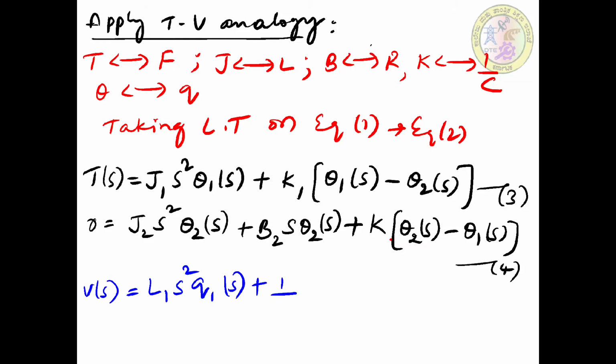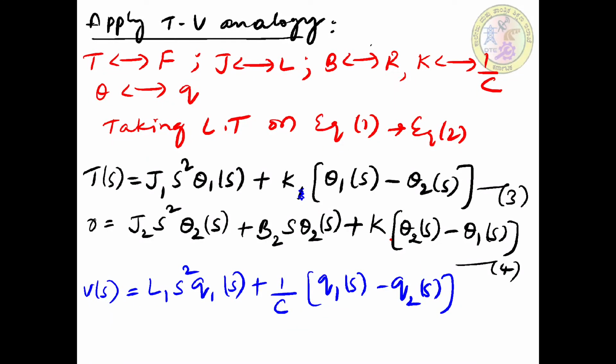As there is only one spring, you can simply write K, so no need to write K1, simply we'll write 1 by C into Q1 minus Q2. We have to replace individual terms, that's all.